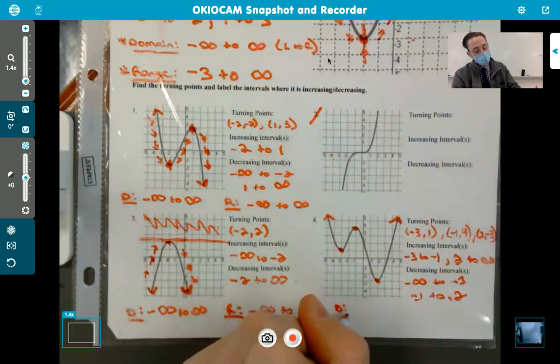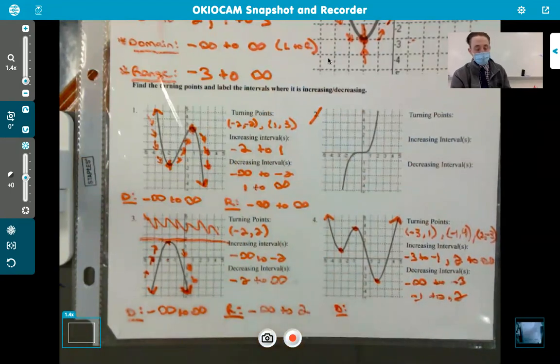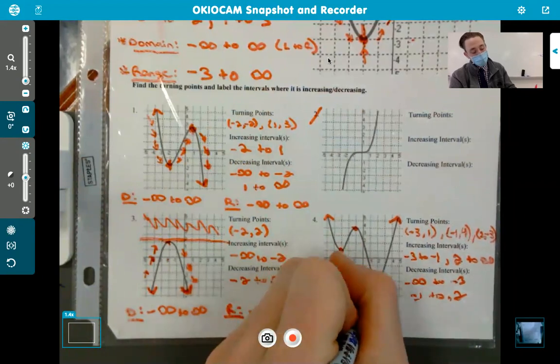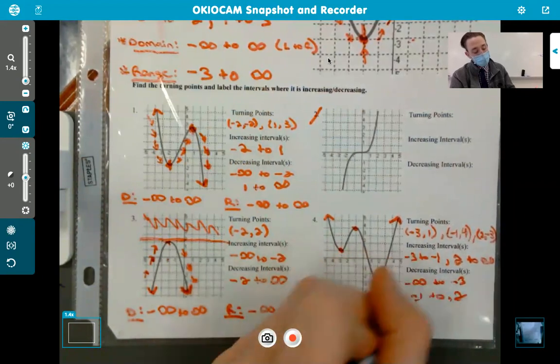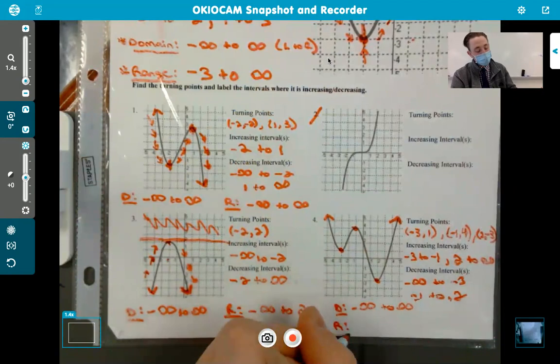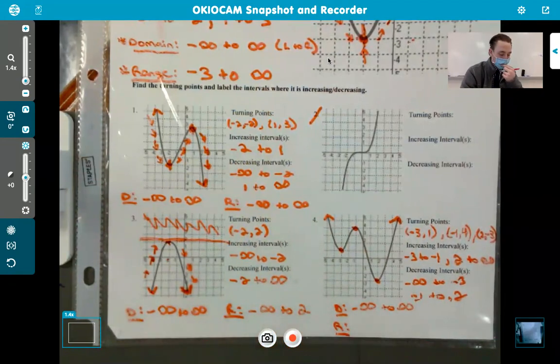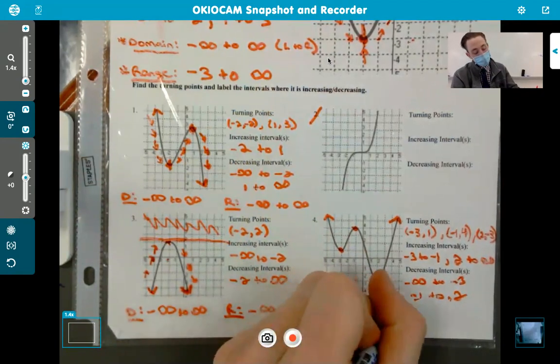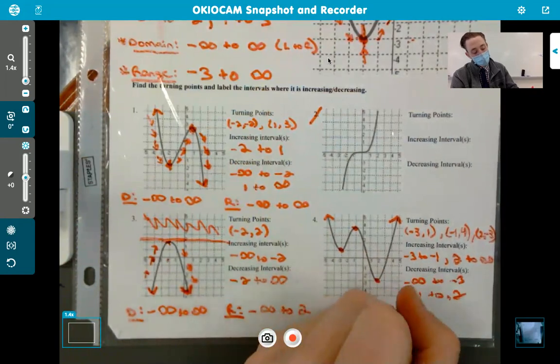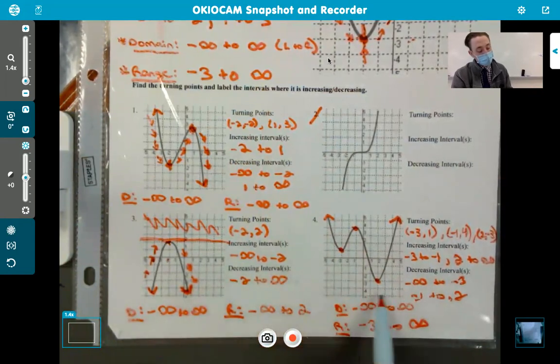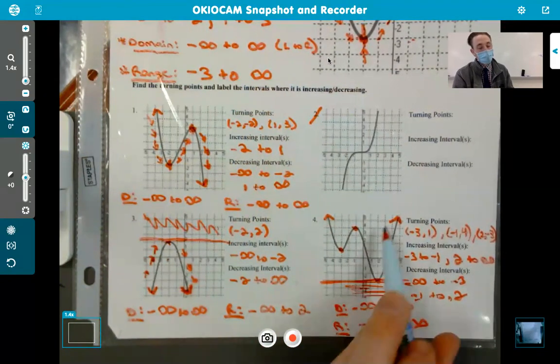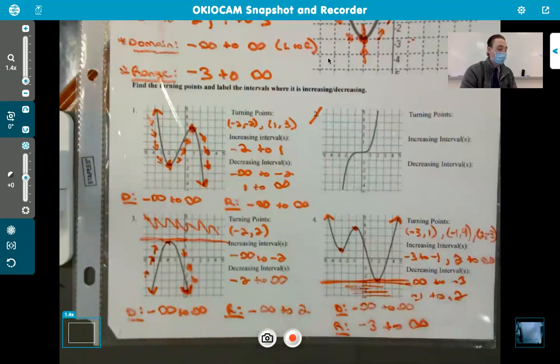What's my domain here? Negative infinity to infinity. And my range. Good, nice. So -3 to infinity, because my graph does not start anywhere below -3. It starts when I get to that value. So from -3 all the way up to positive infinity is where I have y values.